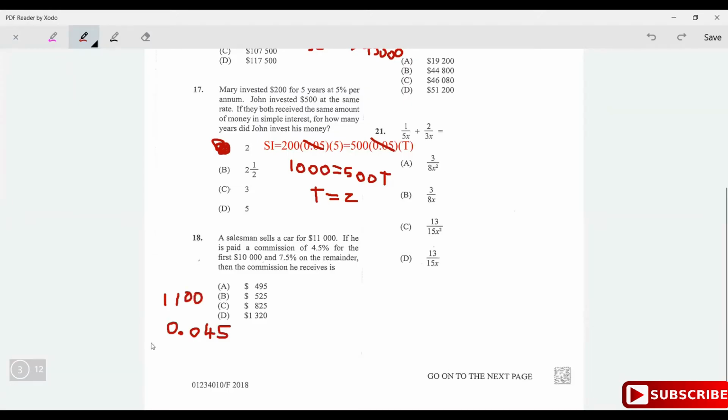All right. So 45 times 11 is, well, 45 times 1 is 45. Bring up the 4. 45 times 1, that is going to be 495. And how many zeros should I put?